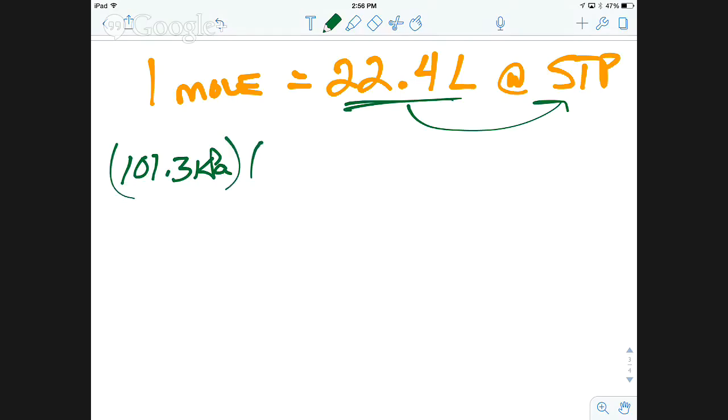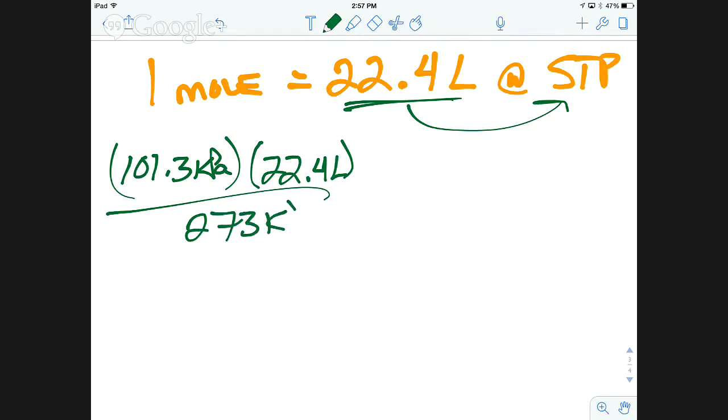STP in terms of temperature is 273 Kelvin, right? That's STP. So that's one part of it. I know that at STP, 101.3 kPa and 273 Kelvin, 1 mole occupies 22.4 liters of a gas.